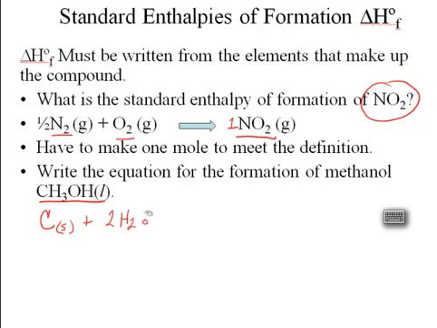And what's the standard state of hydrogen? It's a gas. Plus oxygen. Now there's only 1 oxygen atom. We know that oxygen floats around as O2 in the gaseous state, right? So what do I have to do here to get 1 mole of those? I need 1/2 mole of that. Okay? And so here are the standard states of formation for methanol, CH3OH.